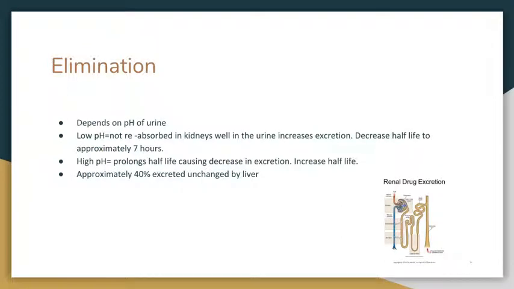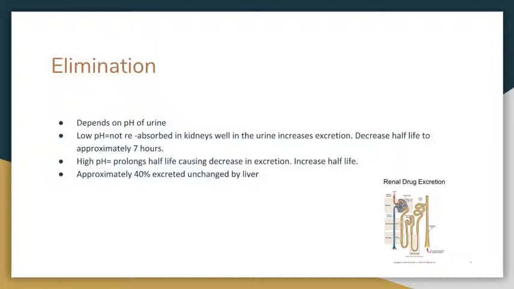All right, so I'm going to talk to you guys about the elimination of the drug from the body. Generally, this depends on the pH level of the urine. With low pH in urine, the metabolite won't be reabsorbed into the kidney, and it will increase excretion, so it decreases half-life to approximately 7 hours.